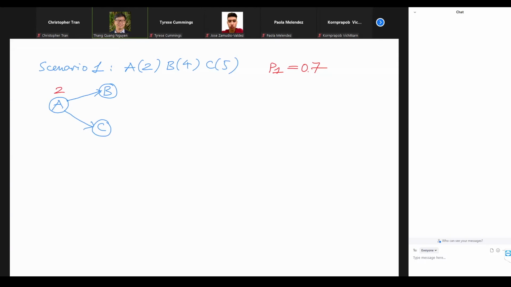A takes 2 weeks, B takes 4, C takes 5 weeks. I would like to ask the whole class, in this scenario number 1, which one is a critical path? Remember, we need to know the critical path because we want to know how long it takes to complete the project.